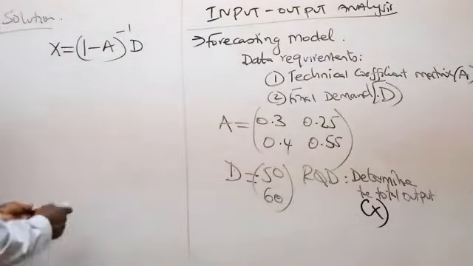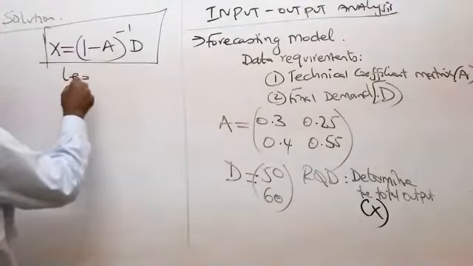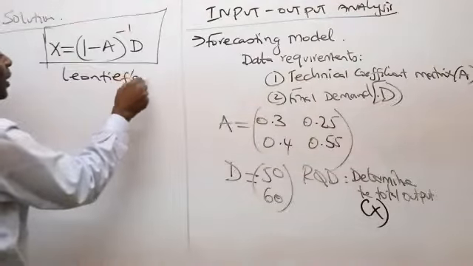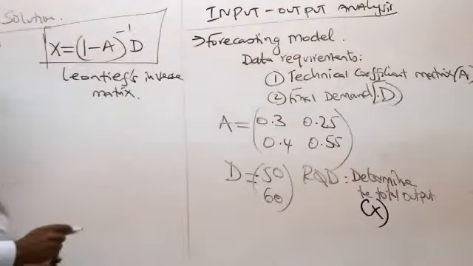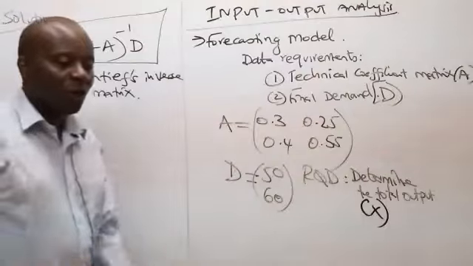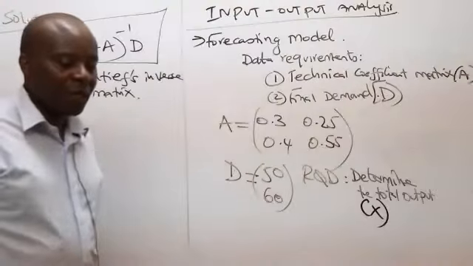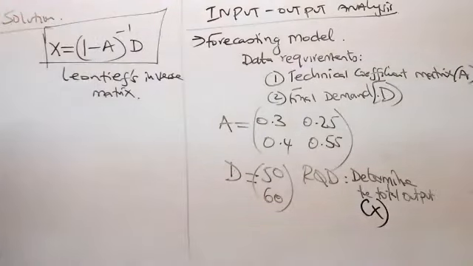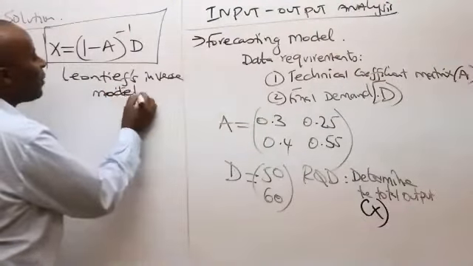Ladies and gentlemen, listen. This model has a special name in input-output: it is what we call the Leontief's inverse model.